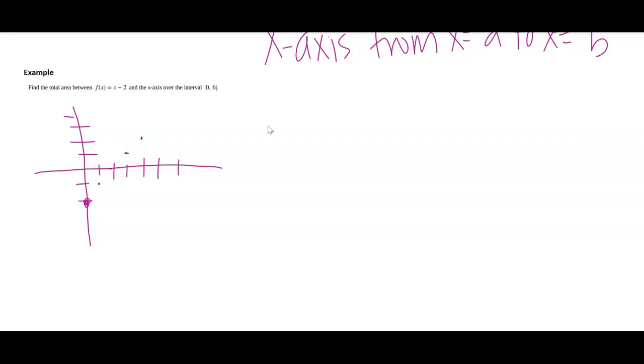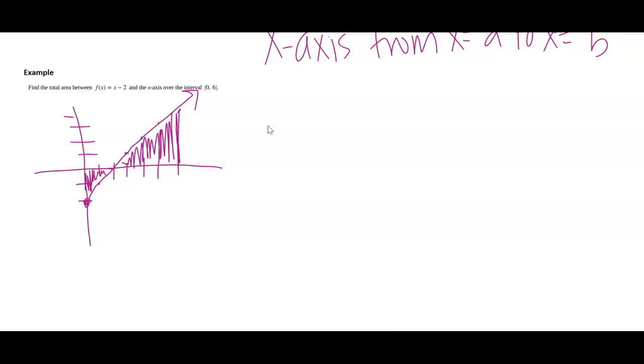And I need to go out to 6. And so I'm finding the area between this function and the x-axis from 0 to 6.